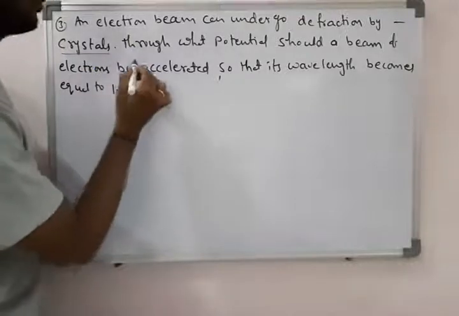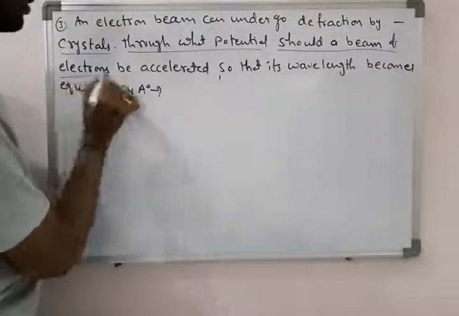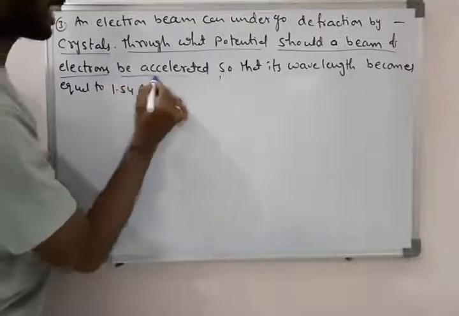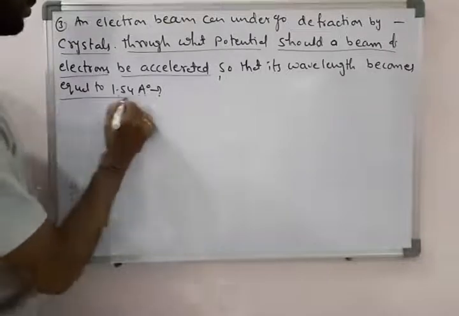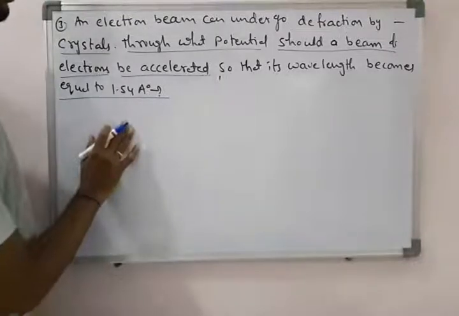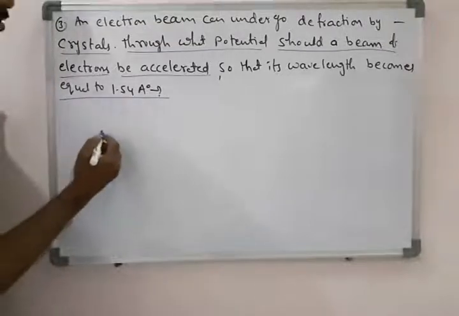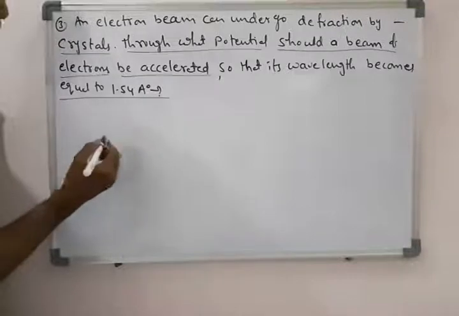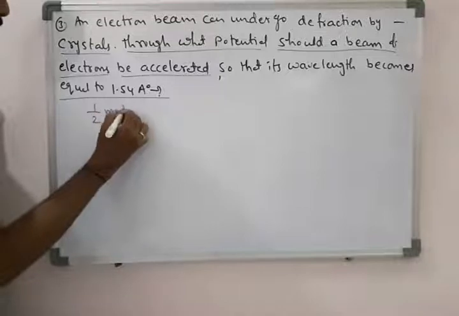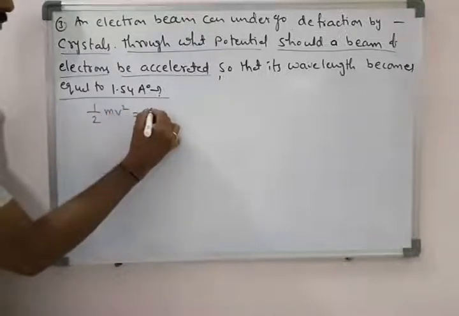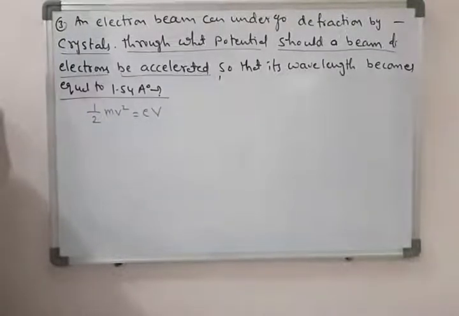We need to find through what potential a beam of electrons should be accelerated so that its wavelength becomes 1.54 angstroms. So here we know the formula that half m v square is equal to electron volt. Okay.